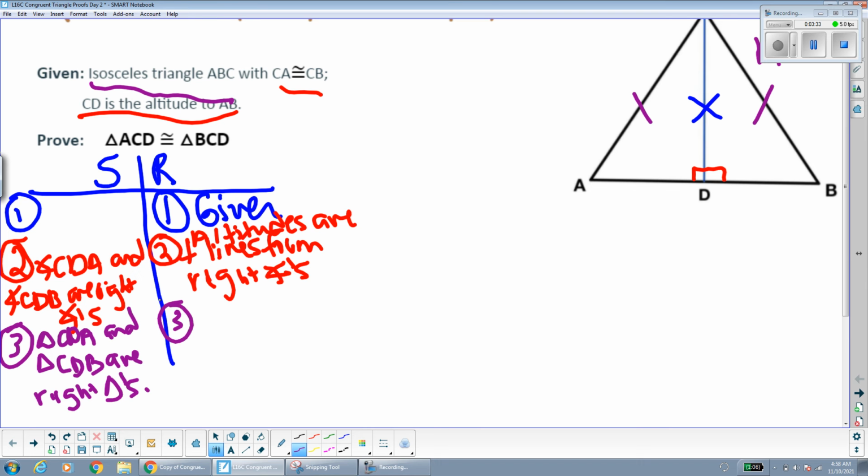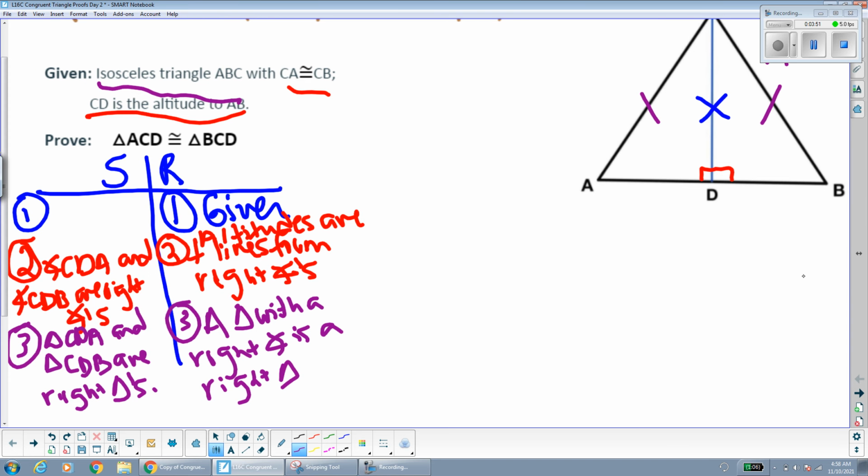And my reason for that is going to be a triangle with a right angle is a right triangle. Okay, so far from our givens, we have that we have right triangles. We drew that conclusion in step 3. And we also have the congruent hypotenuse that was part of our givens.